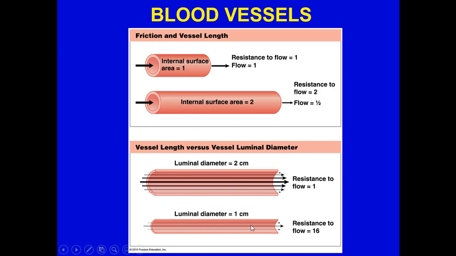I'm going to have a greater resistance to flow. So what I'm basically saying to you is, if my luminal diameter is large, I have much less resistance to flow, therefore I have a speedier delivery of blood through the vessels. As I get smaller and smaller and smaller, I have a greater resistance to flow, and therefore less blood is delivered through that vessel.